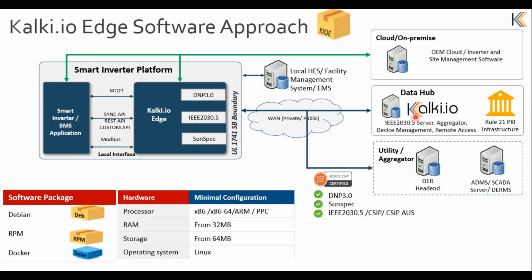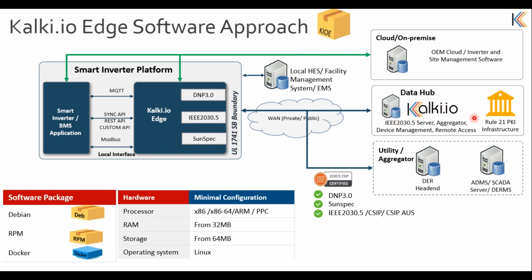So if you want to share data with a market application, for example, you can directly share the data with the utility. In addition to that, you can share the data with the market application or data hub on 2030.5.